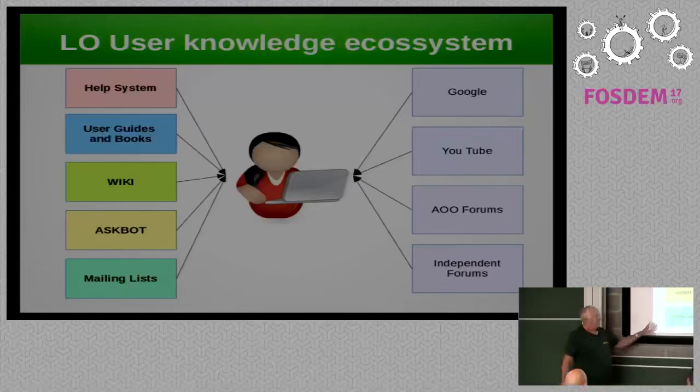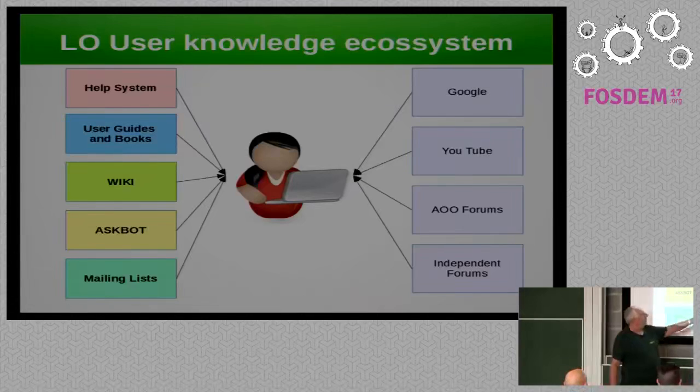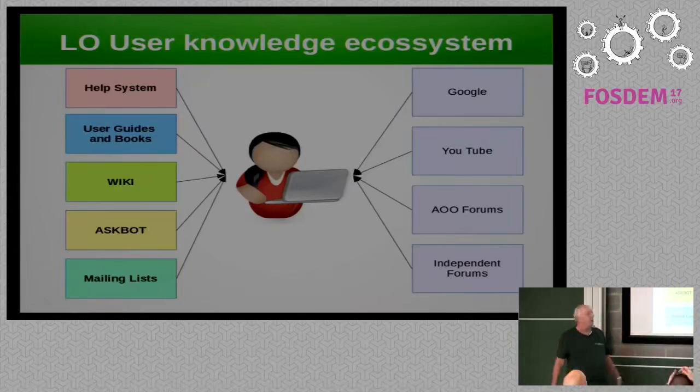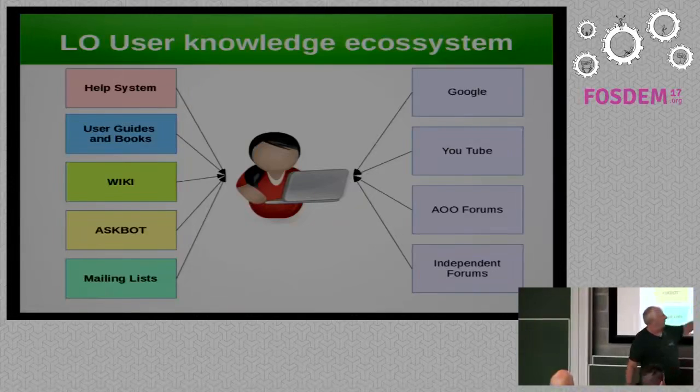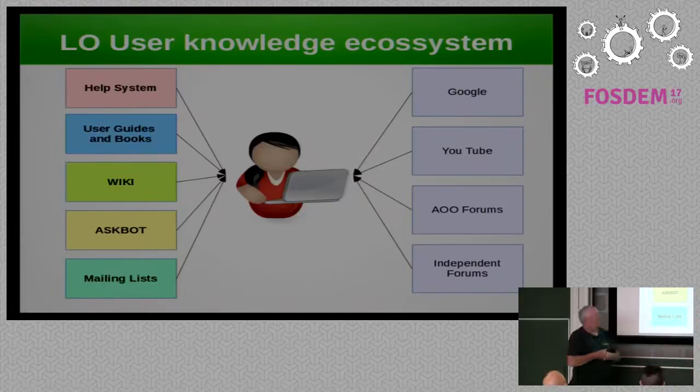And we also use mailing lists. The user is also able to look into Google for information, and sometimes browse some videos on YouTube. There are also Apache OpenOffice forums and wikis, and independent forums like Reddit and so on. So this is the universe of information that you can get for the LibreOffice technology.